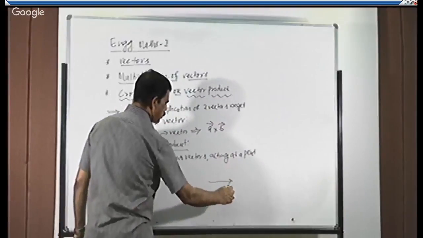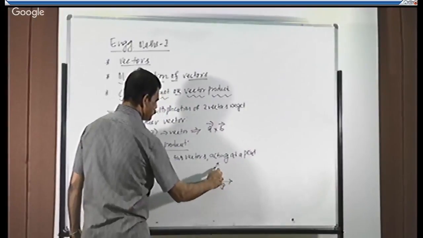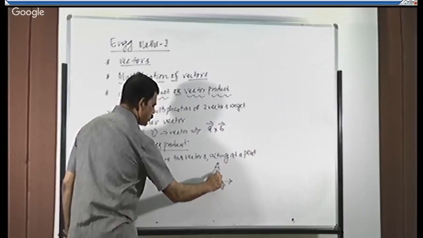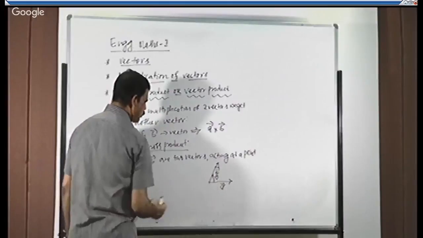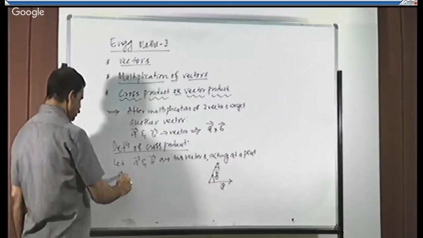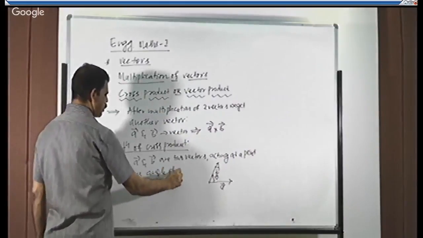This is vector A and this is vector B. In between these two vectors there is an angle theta. Theta is the angle between the vectors acting at a point.